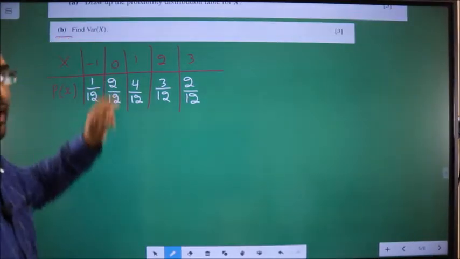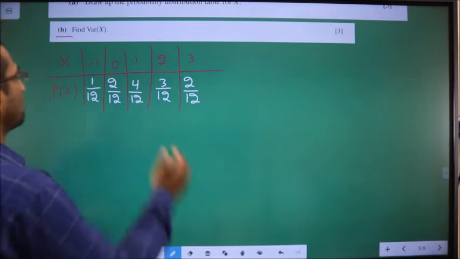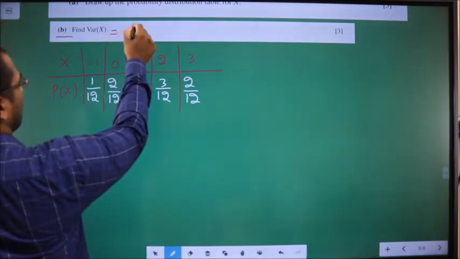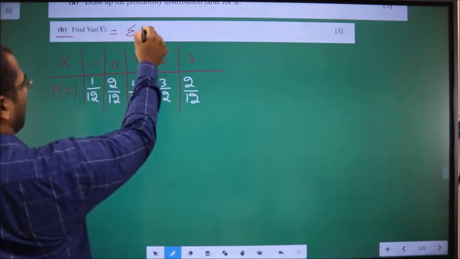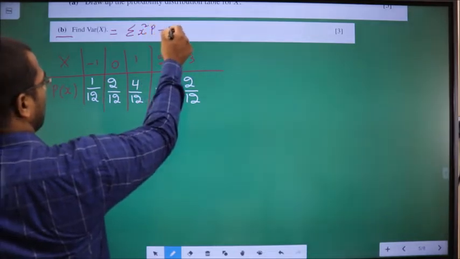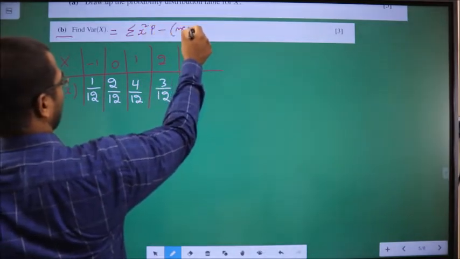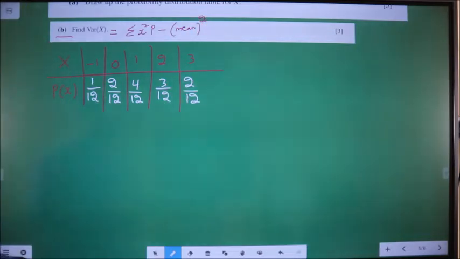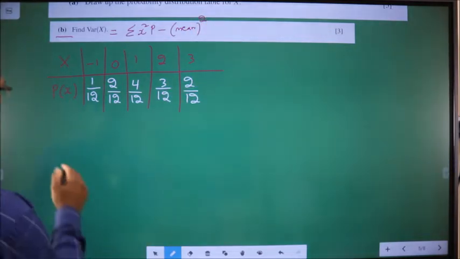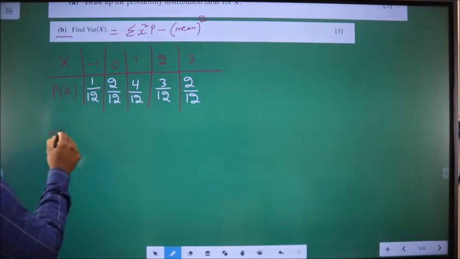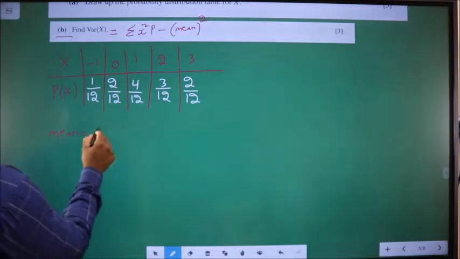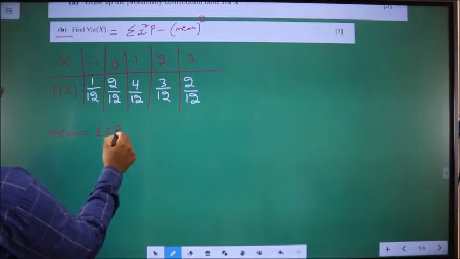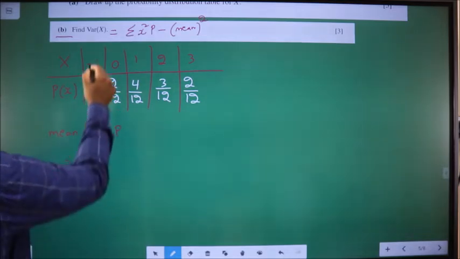B1. Find variance of x. Variance formula is sum of x square into p minus mean whole square. Let us find the mean first. Mean is equal to sum of x into p. So that is equal to this into this.